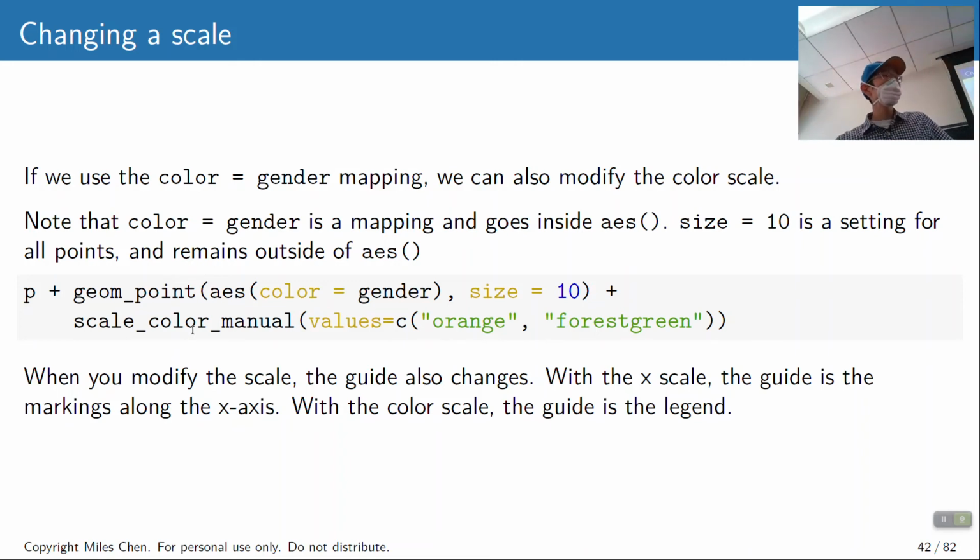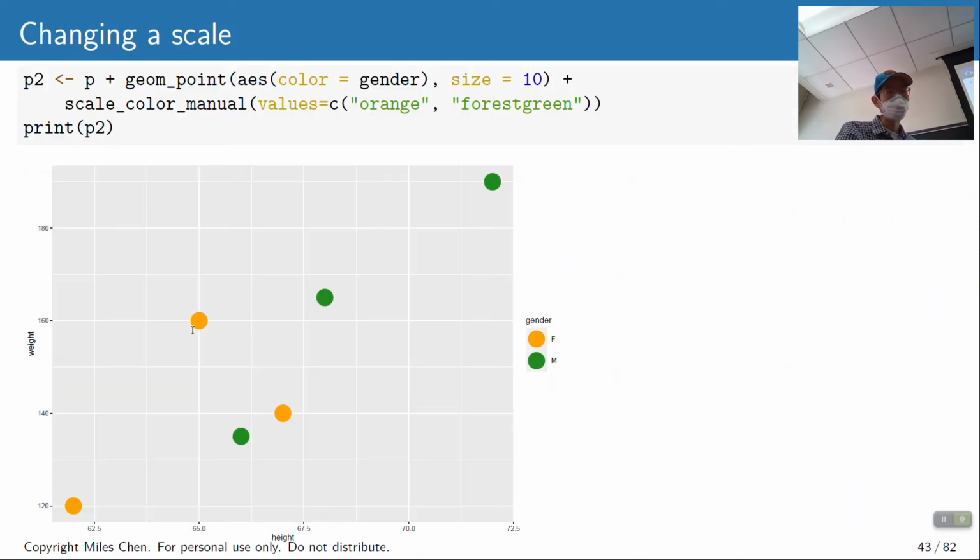So going from data values to visual properties would be what colors to use. And so I can just say orange and forest green, and you can look up named colors in ggplot. There's a bunch of colors that have names, and I don't know them all, but this is what orange and forest green are, and we have the points represented here.